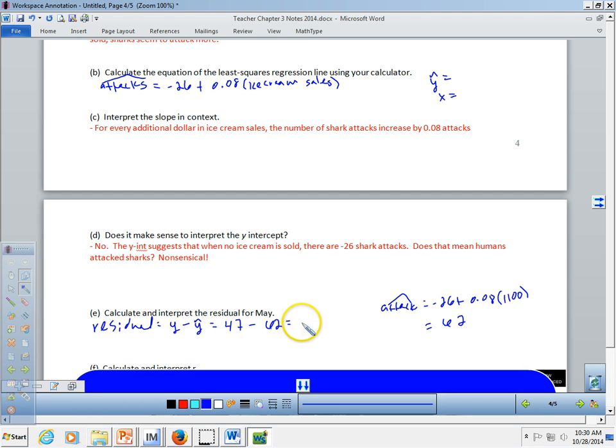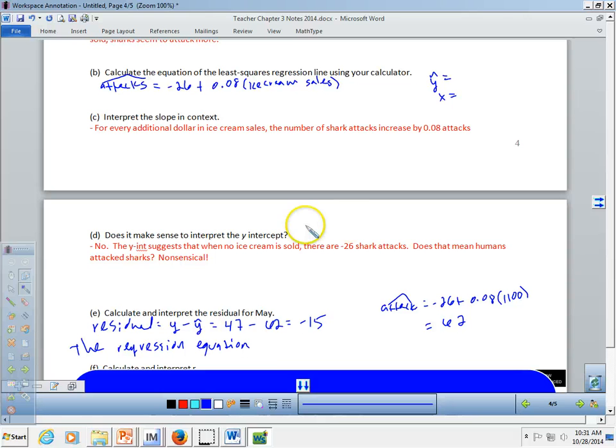So that gives us a difference of negative 15, if my math is right. Okay? So what does that mean? Great, wonderful, excellent. We got negative 15. What's that mean? Well, as an interpretation, that means that the regression equation, I always have to think about this for a second, if the residual is negative, that means our prediction was larger than our actual.